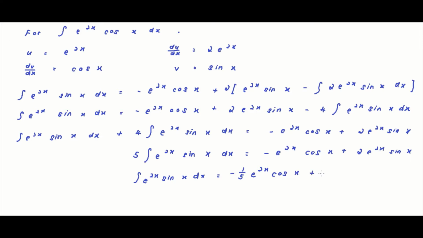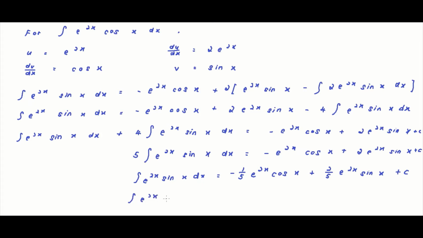Okay, so plus 2 over 5 e2x sine x, and then plus c. Okay, don't forget you have a plus c over here. All right, is that okay? If you want, you can add a plus c over here also. It means the same thing. But just don't forget in your last answer, you should have that term. Okay, so this is what you want to find. So now you get your answer already.